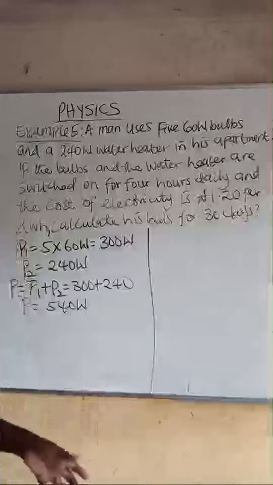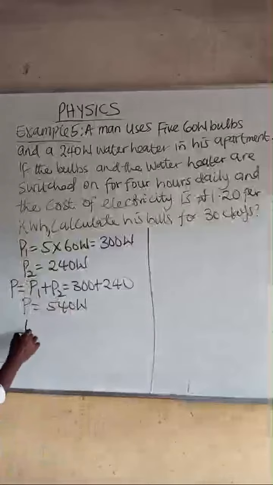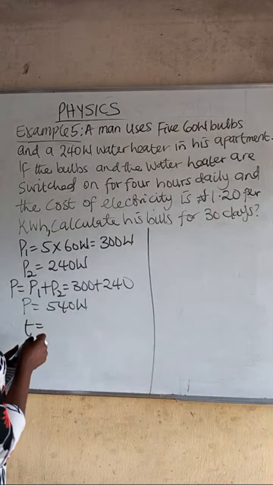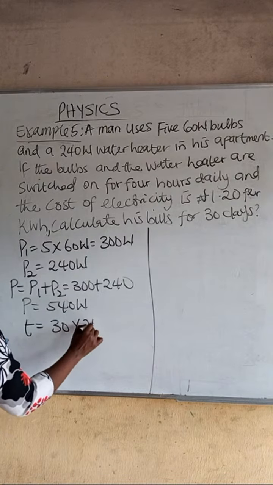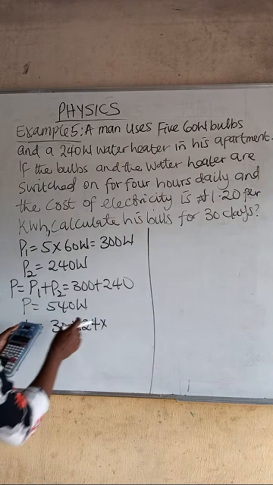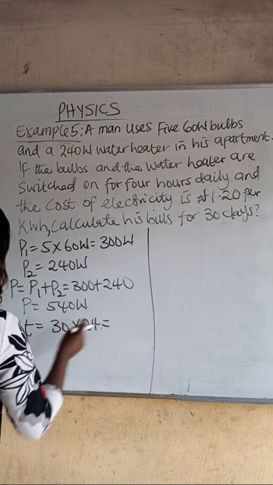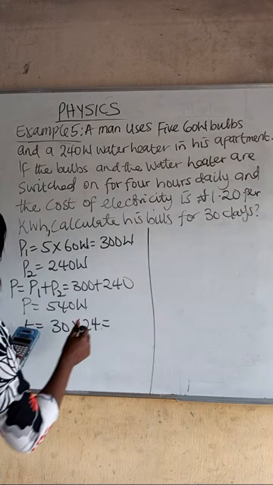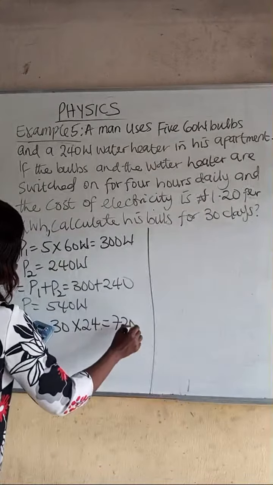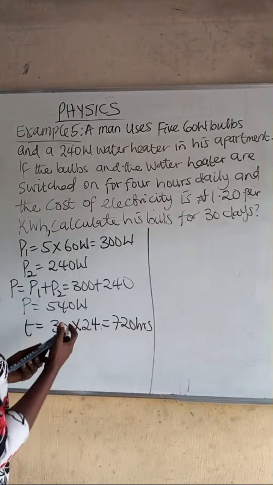Now, you're going to say time is 30 days times 24 hours, right? So let's see what we have. We are going to have 720 hours.